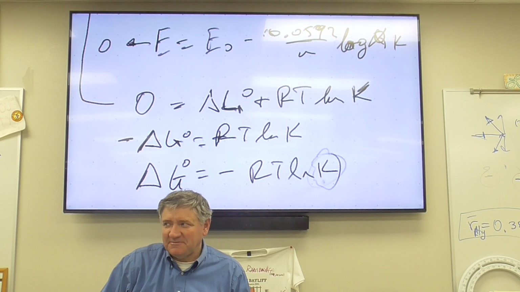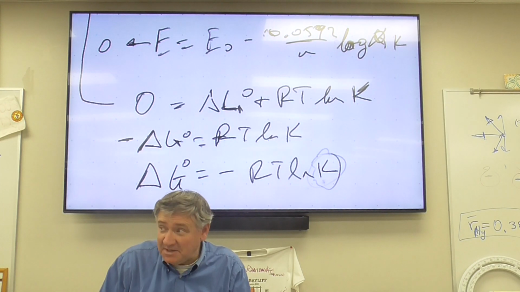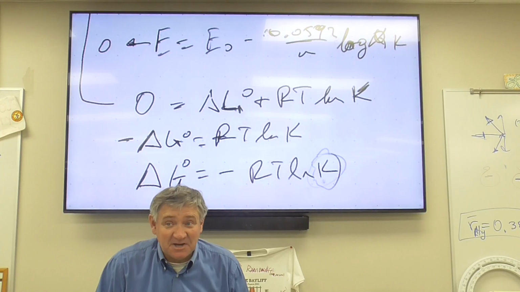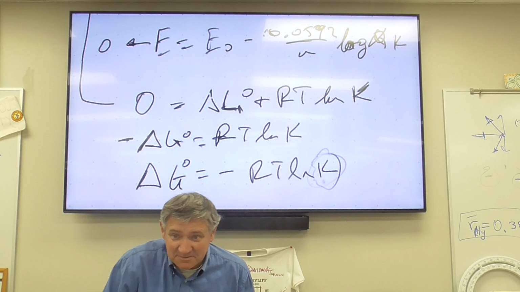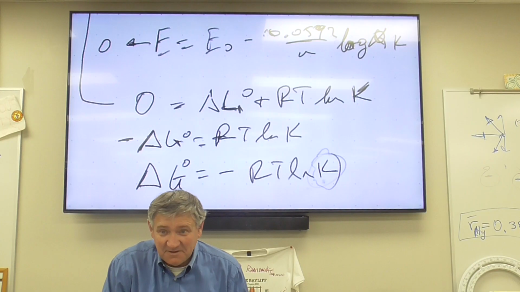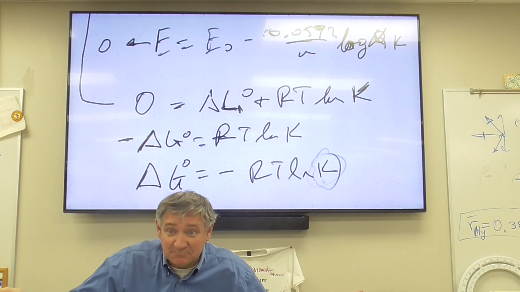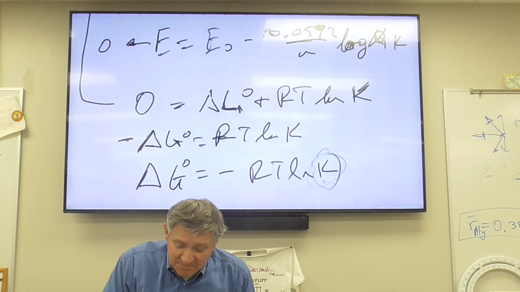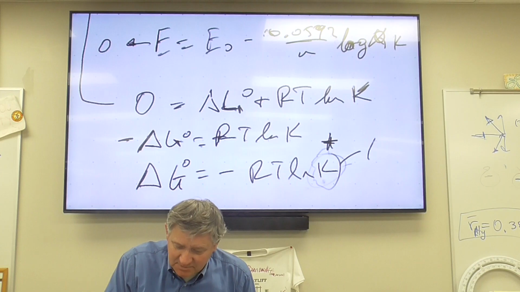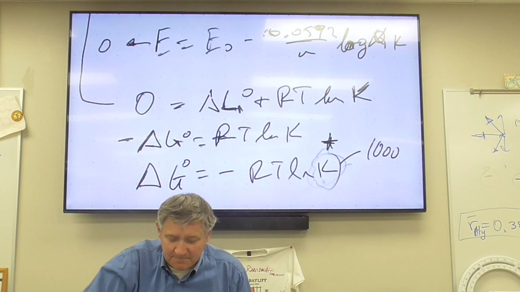Positive. You take the natural log of 1,000. If you don't believe me, take the natural log of 1,000. What's the natural log of 1,000? 6.9077552. Big number, right? It's about 7. So this is going to be a positive number if K equals 1,000. So that's a big number. It's a positive value.